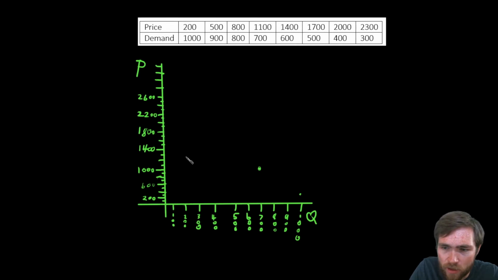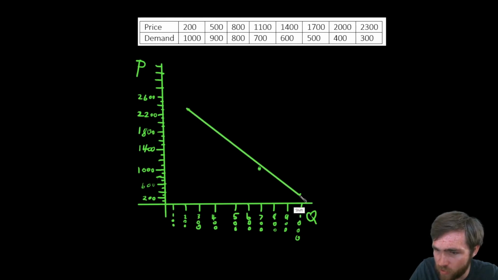And finally, if the price is 2,300, we see that the quantity demanded is about 300. So 2,300 is about there. So we can put all of these points on a straight line. It's a little bit off just because of my inaccurate scaling on here, but regardless, it gives us this demand curve.